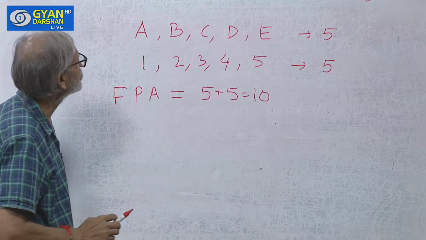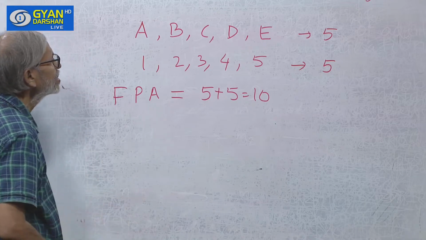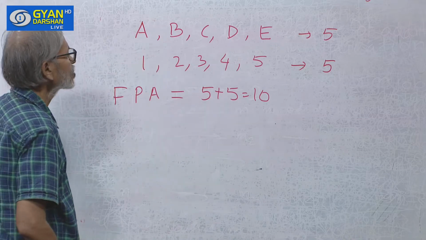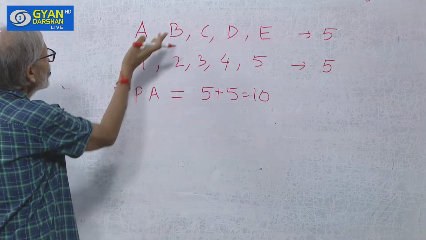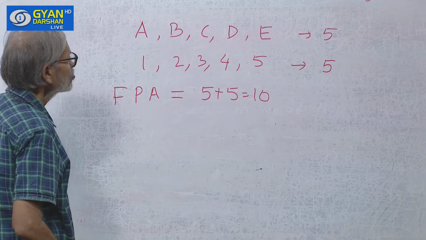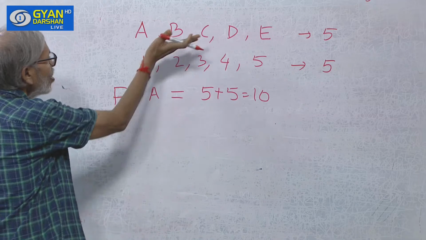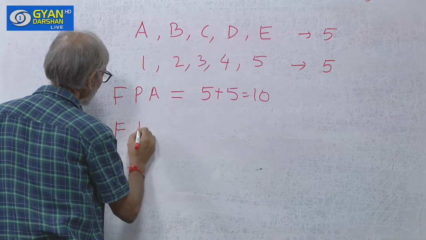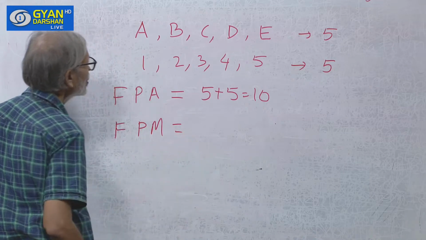Suppose it is said that choose one letter and then one numeral, such that A1 or B2 or A3 like this. Then what will you do? You will have to use the fundamental principle of multiplication.